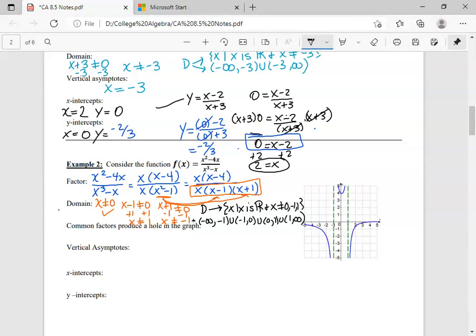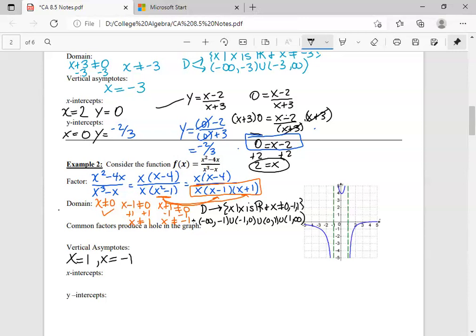Going back to the very first thing that we just talked about in the beginning, we had this statement that said, if you have any factors that are the same in the numerator and the denominator, those are not vertical asymptotes, right? And we've already got the graph, so I don't need to go to the graphing calculator here, but it's easy to see that at x equal to 1 and x equal to -1, there are vertical asymptotes.